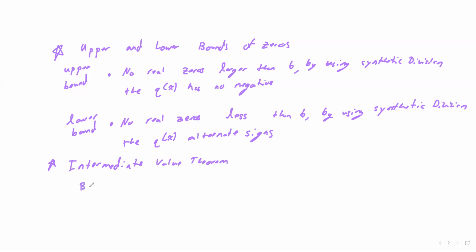So this basically states if the function is continuous, and we're looking primarily at polynomial functions, and all polynomial functions are continuous, but this can be applied to other functions like square roots and logarithms, as long as it's continuous in an interval.